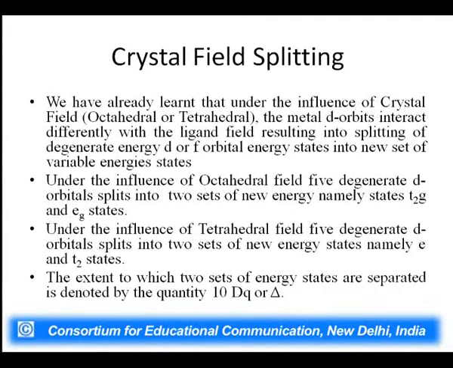And under the influence of a tetrahedral field, these 5 degenerate energy levels are split into two new energy states, that is E and T2. The gap between the two energy levels, that is the extent of separation after the degeneracy has been lifted, is denoted in terms of 10 Dq or del values.